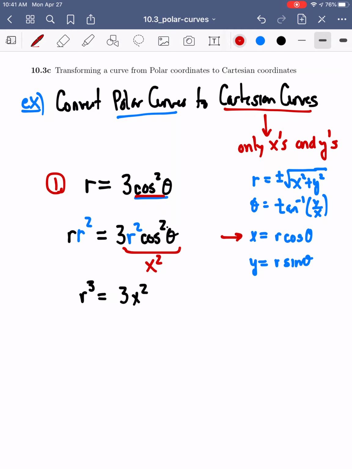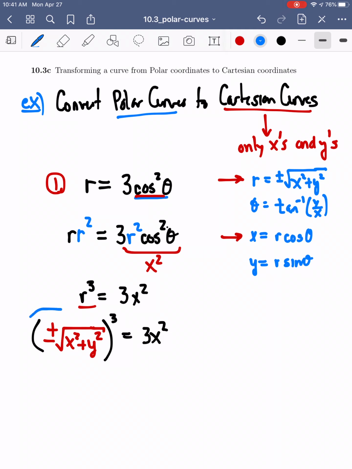And in this r cubed term, we know what r is. r is equal to plus or minus that square root, so we can just go ahead and cube that. So we have r cubed is equal to plus or minus the square root of x squared plus y squared, that quantity cubed, equals 3x squared. And at this junction, there are no more r's or thetas anywhere, so we do have a Cartesian curve. We only have x's and y's left.